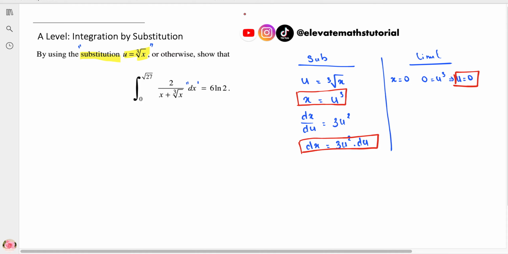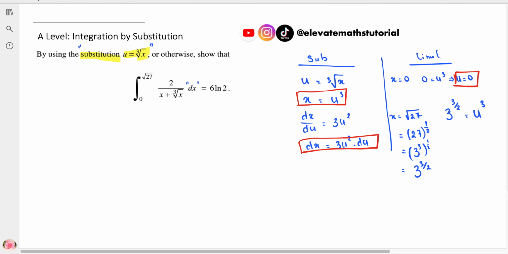Your upper limit is going to be x is equal to square root of 27. Now, root 27 can be rewritten as 27 to the power of a half. 27 is 3 cubed, so 3 cubed to the power of a half we can rewrite as 3 to the power of 3 over 2. If I substitute that into this function, x is 3 to the power of 3 over 2, which equals u cubed.